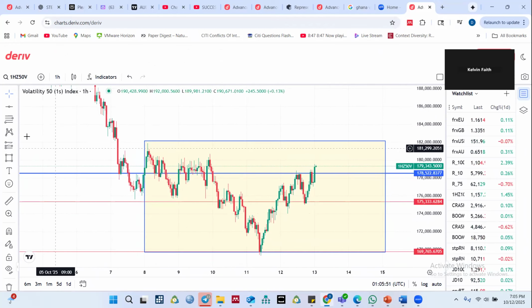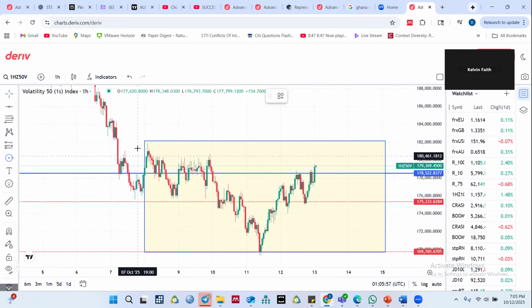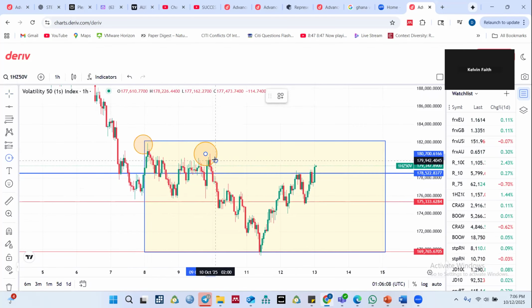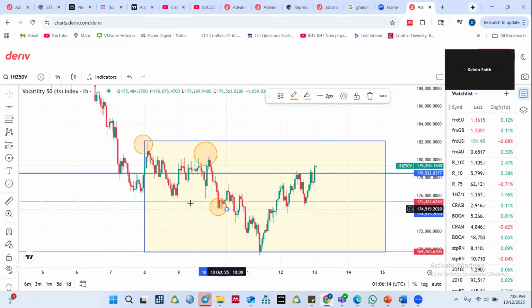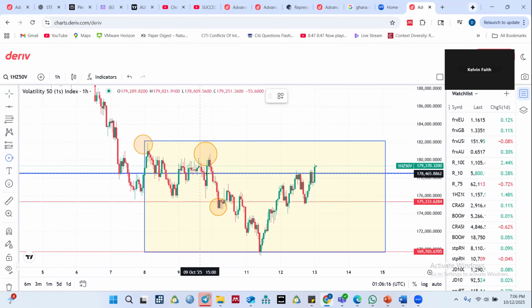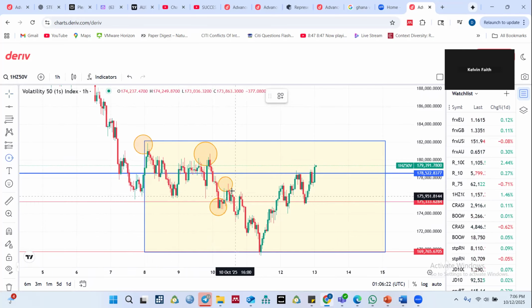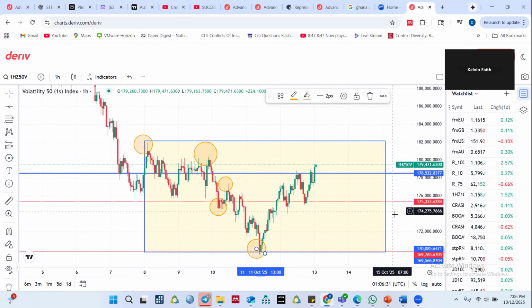The last set of highs is here. This is the last high, dropped down, moved up to here, and then from there, we got this low, and then this low gave us this high, and then that came down, went up, came down, went up, and gave us this low.